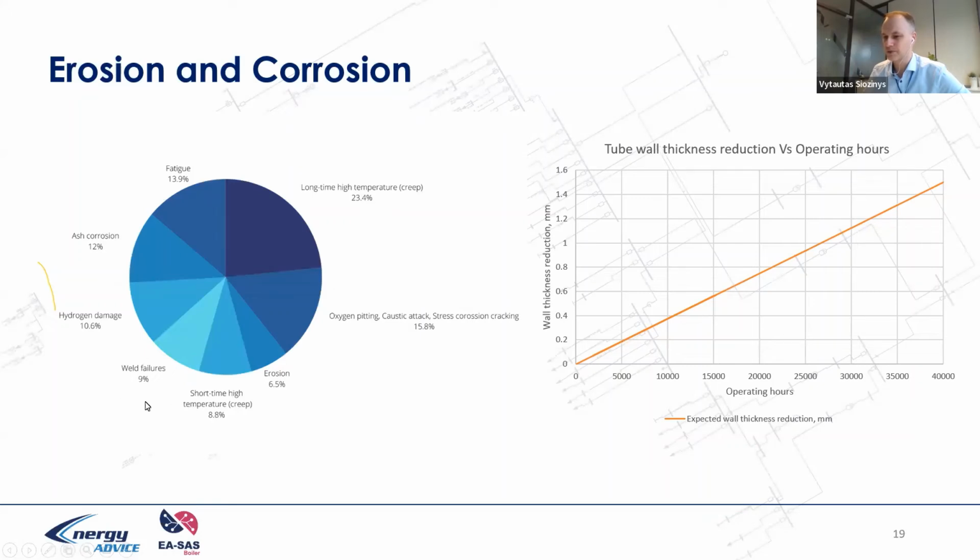Welding failures would be related not only to welding condition, but also to the temperature and dynamics in general, hydraulic dynamics. Short-time temperature, yes, it's still temperature. Erosion is still a high rate of mass flow, and oxygen pitting and cracking would also be true corrosion effects.